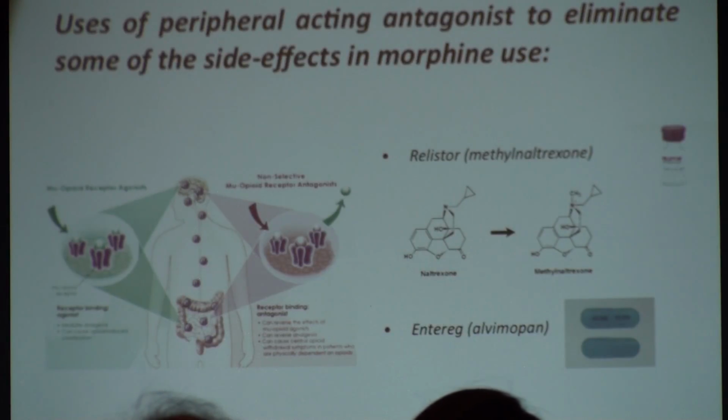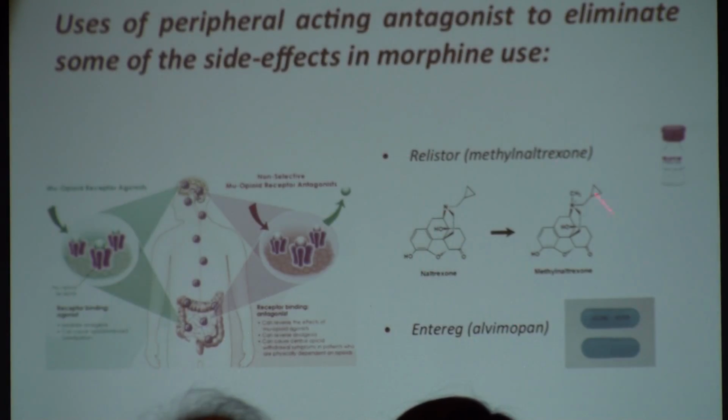So the morphine goes into the brain to kill pain. And if you have an antagonist, a compound that blocks the morphine action in the GI tract, then you can have pain relief and no constipation. And there are antagonists that do not cross into the brain and stay in the GI tract.